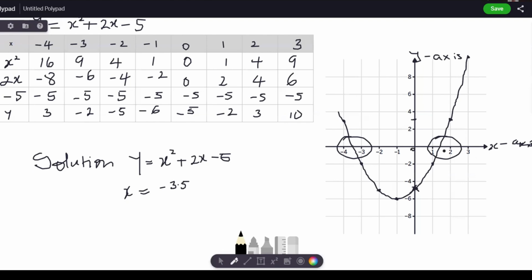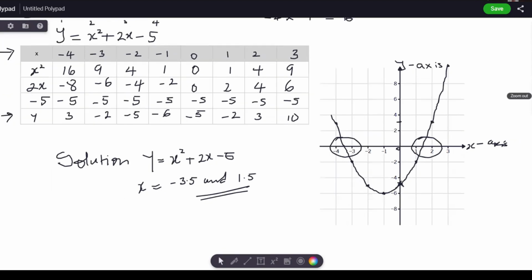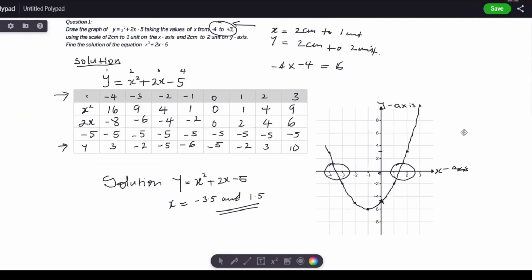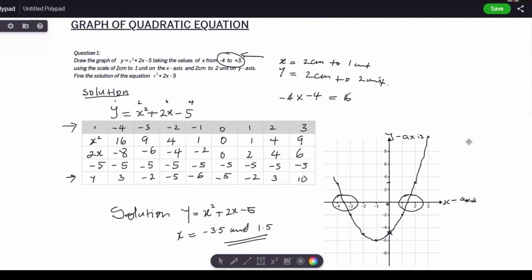And since we're reading from 0 down to 3, this would be 1.5 also. And 1.5. So these are my solutions. So let me reduce this so that we all see it from the onset.